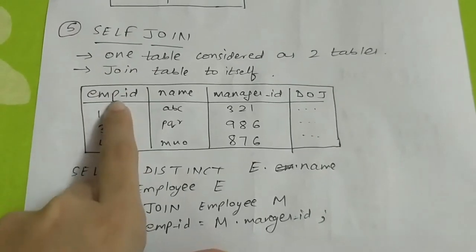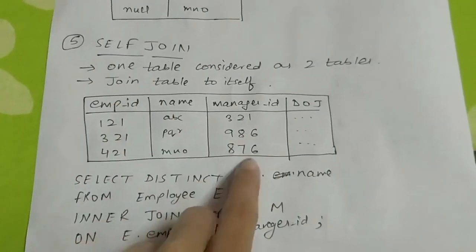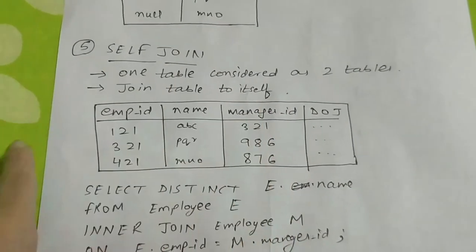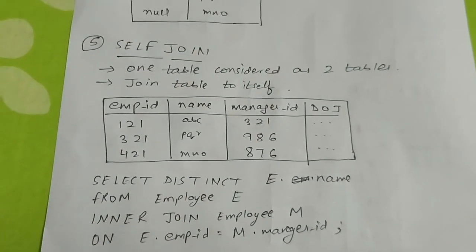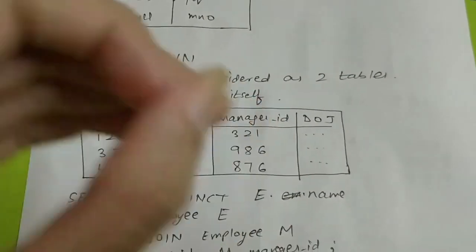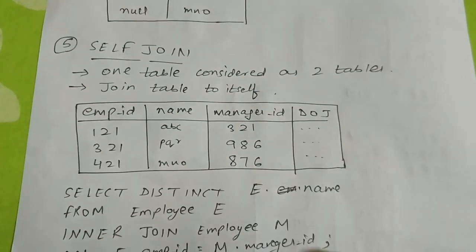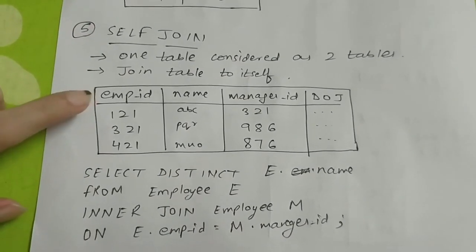It has emp ID, name, manager ID, date of joining. All the employees have a manager ID. All the employees have a manager, and every manager is also an employee, right or wrong? Now if we want to find out which employees are managers, not all employees are going to be managers, right? But all the managers are going to be employees. Wait, it will be clear very soon.